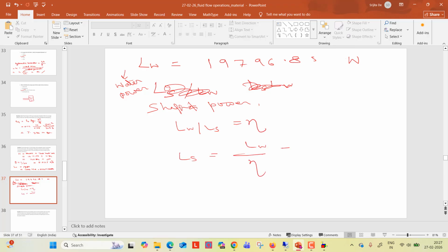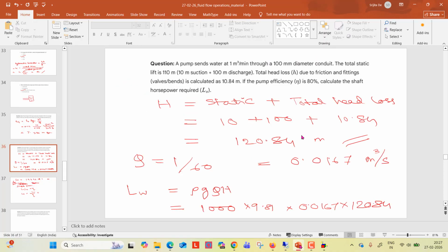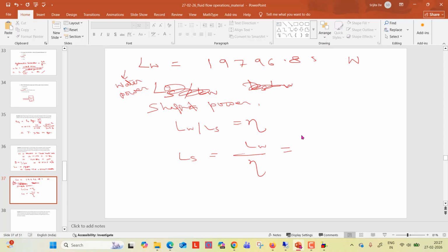Eta is also given, the efficiency is given as 80%. So this will be 19796.85 divided by 0.8. It is coming as 24,746.068 watt.